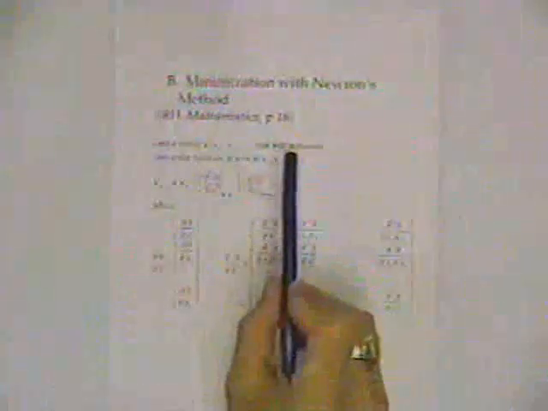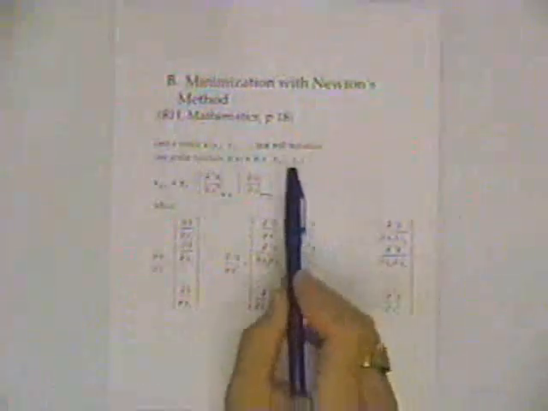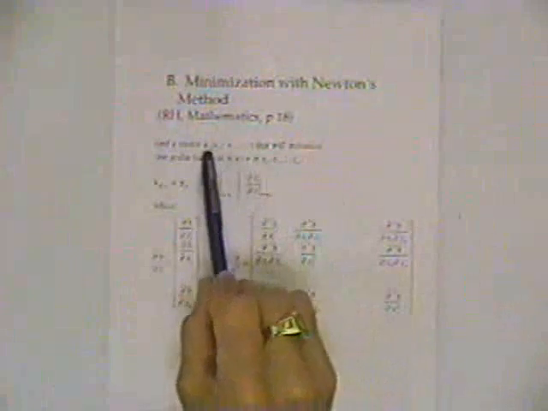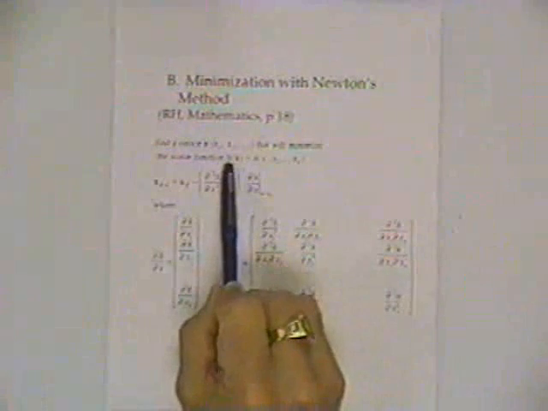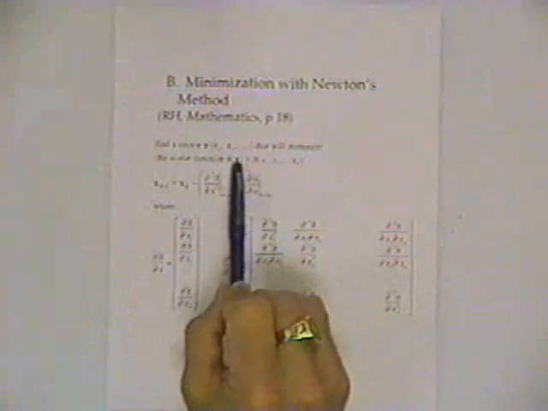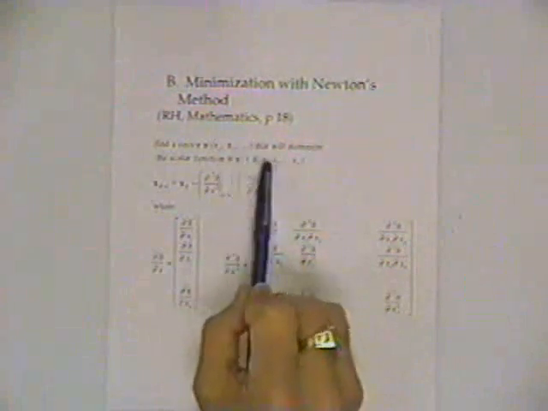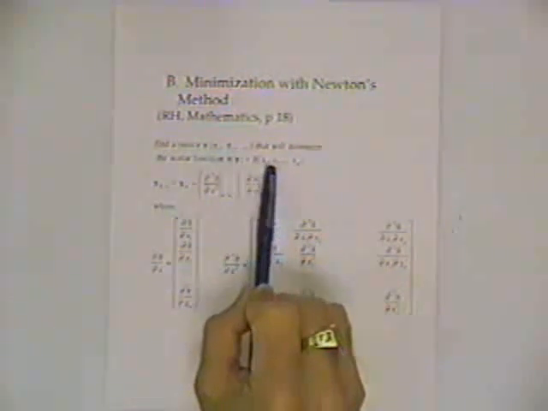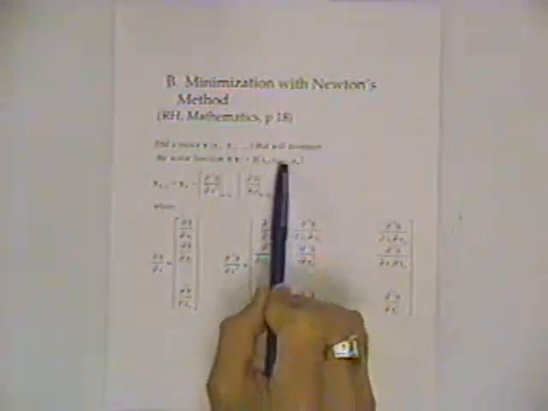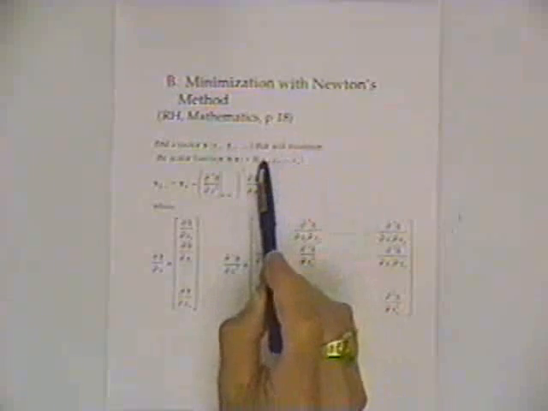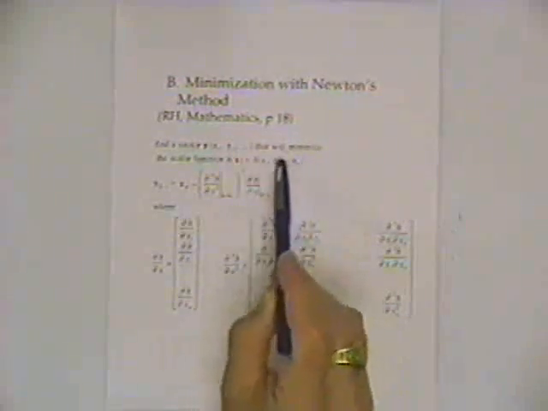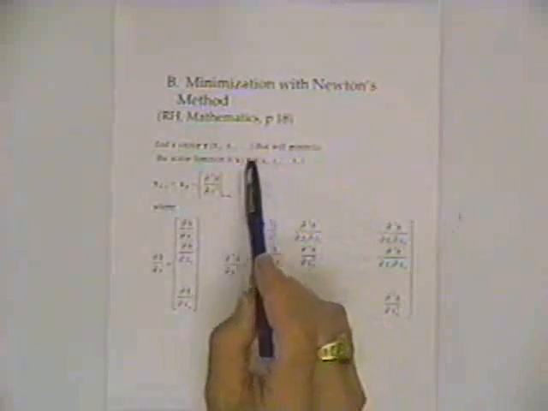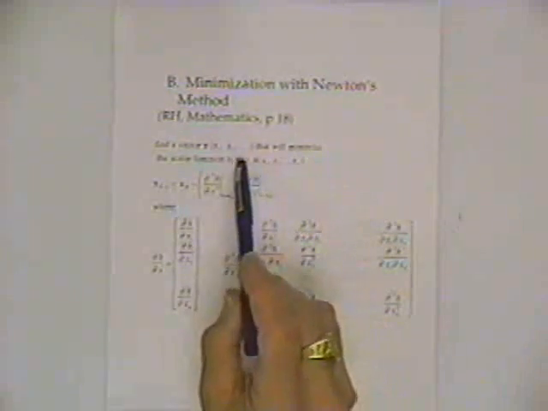What this numerical method is good for is to find the solution of a scalar function, in this case called h of x. In this case, x is a vector. In other words, it has values of x1, x2, x3. So what you have to do is find separate values of the variables x1, x2, x3, and so forth, up to xn in the general problem, that will minimize this function h.